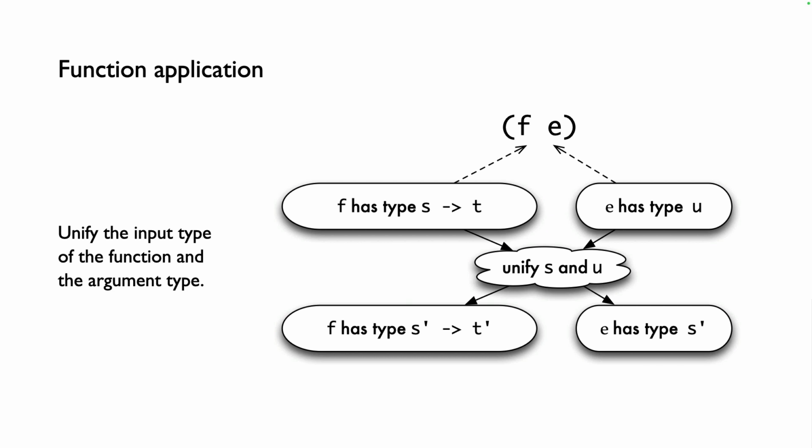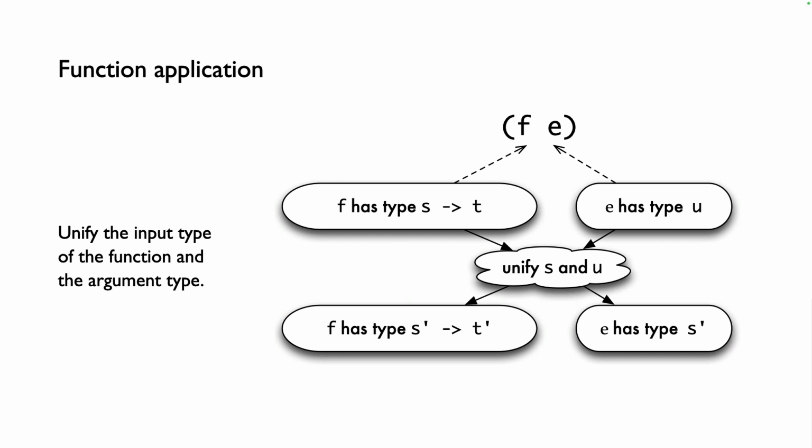Now, what happens in the case of function application? When we talked about monomorphic types, we simply needed E to have the same type as the input type of F. It's not as simple as that now. Suppose F has the type S arrow T, and suppose E has the type U. We don't need S and U to be identical, but what we do need is to be able to unify them.